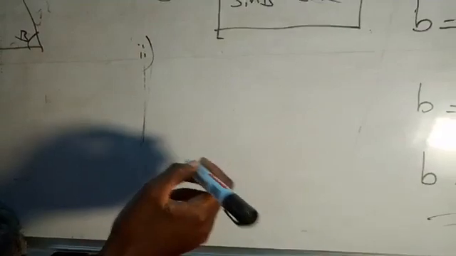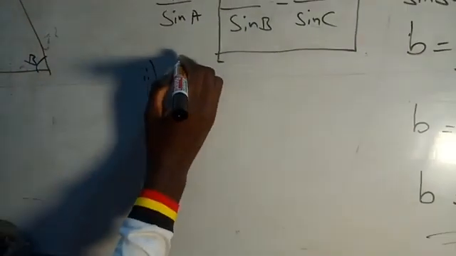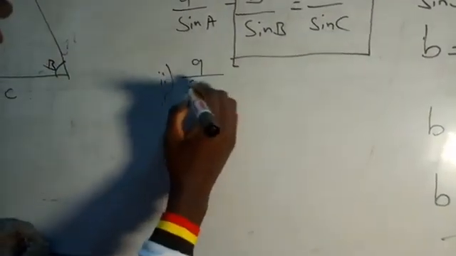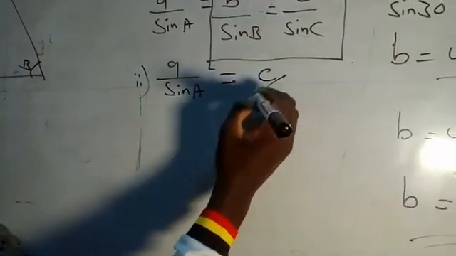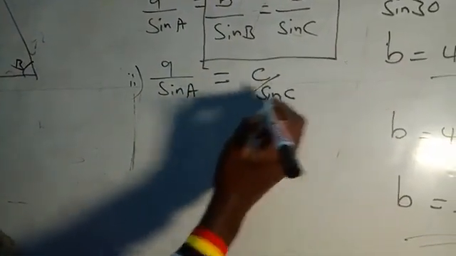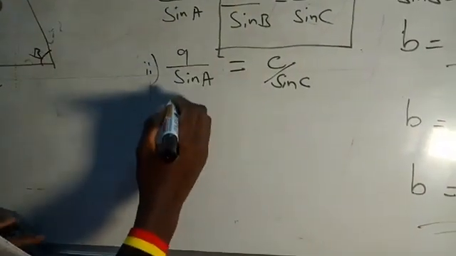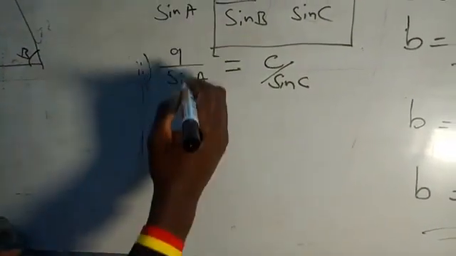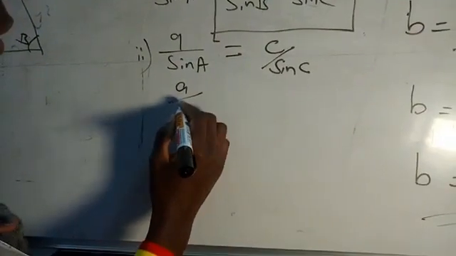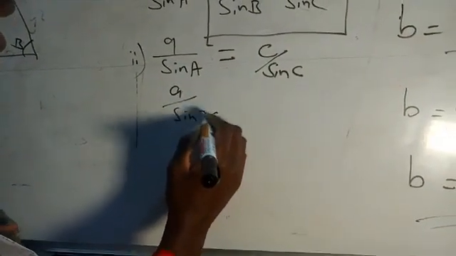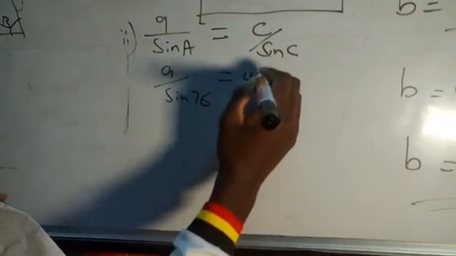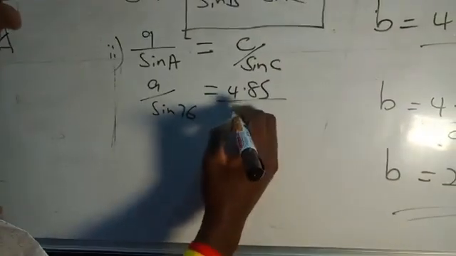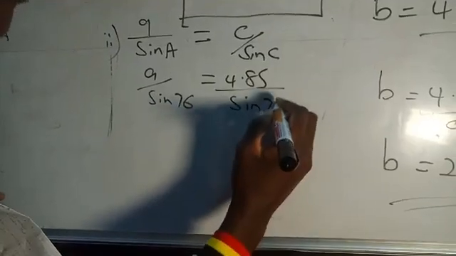But now we are gonna take a over sine A equals c over sine C, that is a over sine 76 equals c, which is 4.85, over sine 74.